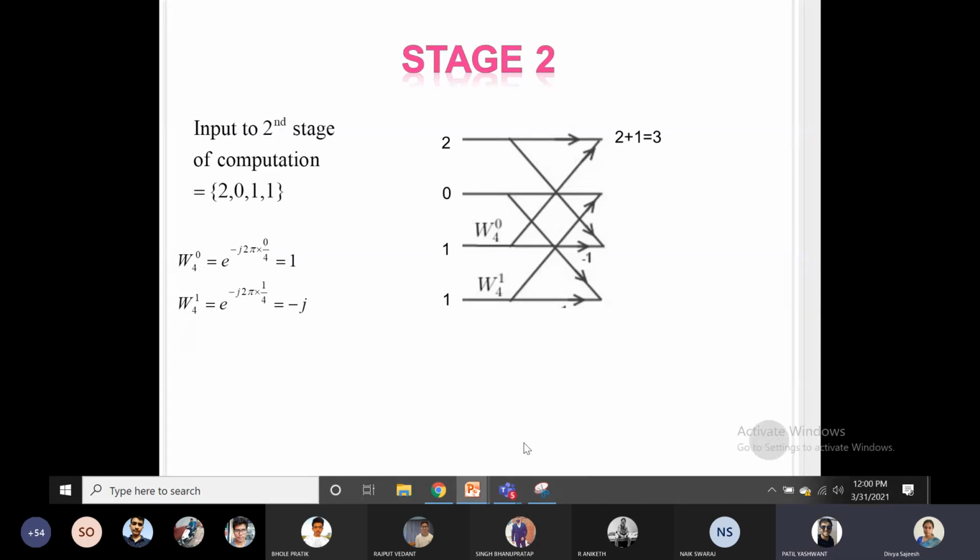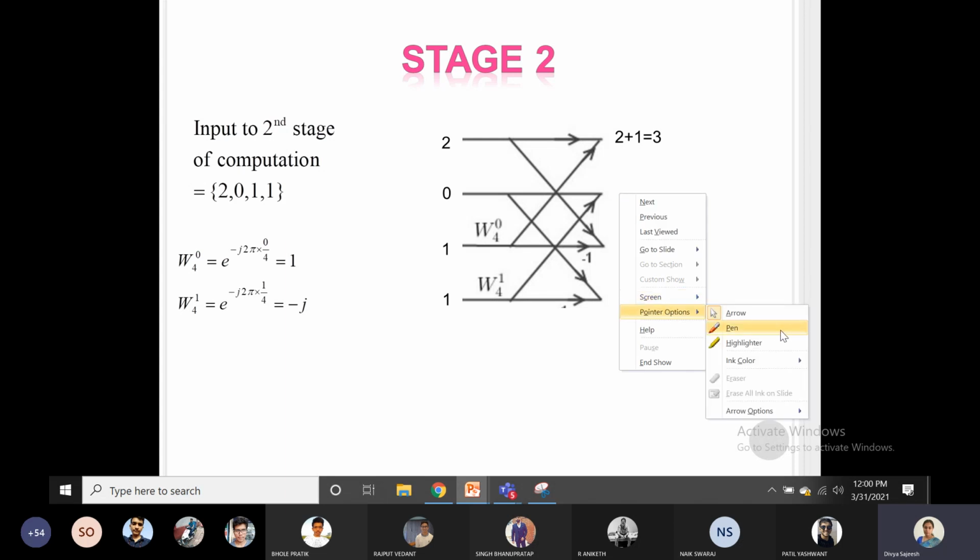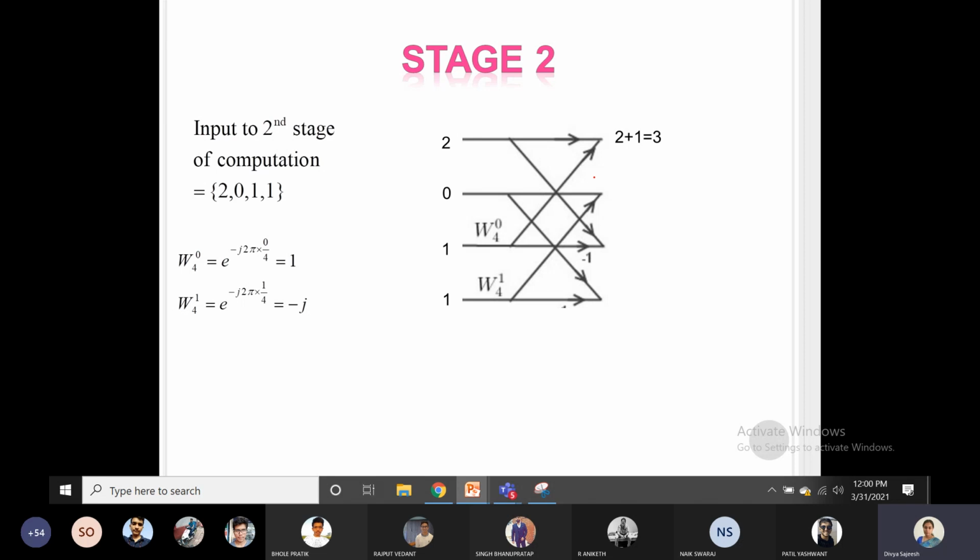Yes, ma'am. Can you tell me the second output here? How will you calculate the second output? Consider this point as a summation point. Whatever two inputs there are at this terminal, those two inputs have to be summed to get the output. So what is the input coming from this path?